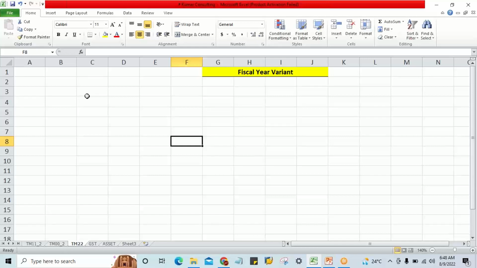If only one unit is there, then it is not a group company. In that case, only a company code is going to be created. There is no need of creating the company, in the sense group company creation is not required. Okay, so company code is created. Now, the next one is business area.